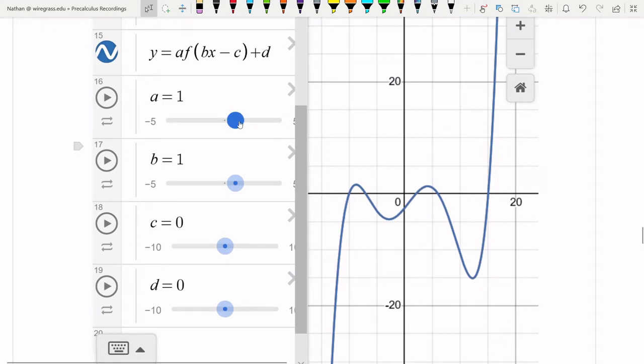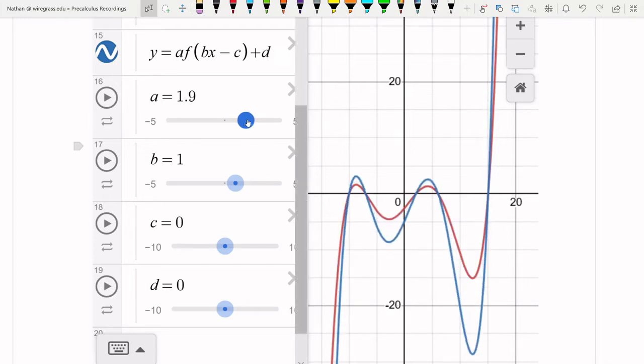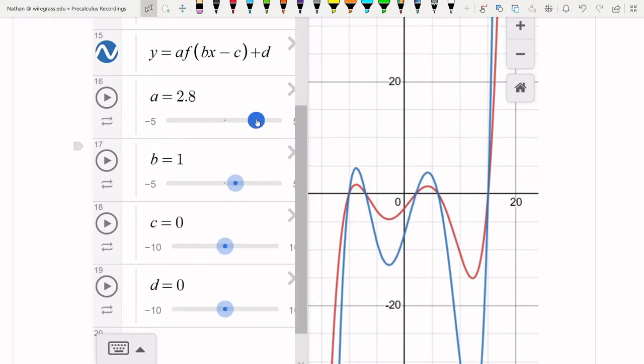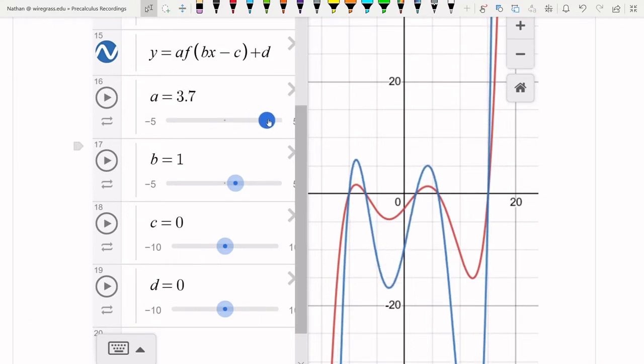If we increase a, so a at 1, right? This is the baseline measurement. This is no transformation. If I increase a, look at the graph. The blue is going to be the function that's been transformed. The red is the original function. So I'm increasing a here, and you can see the function is being stretched more and more vertically.